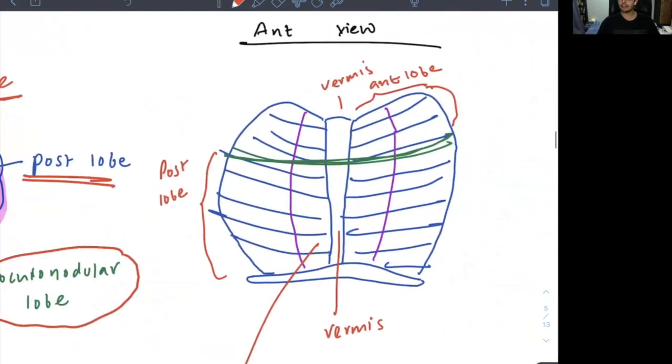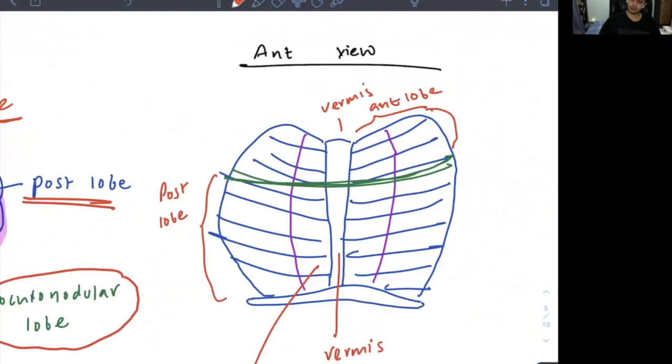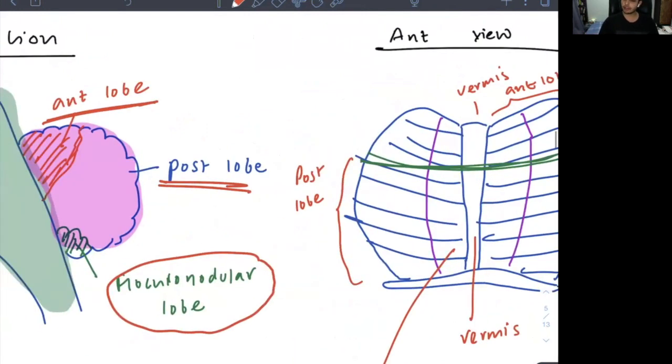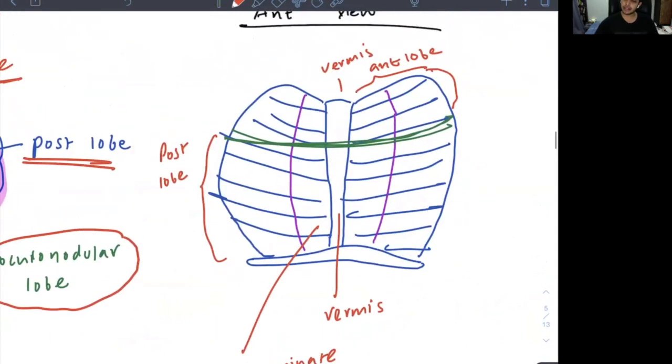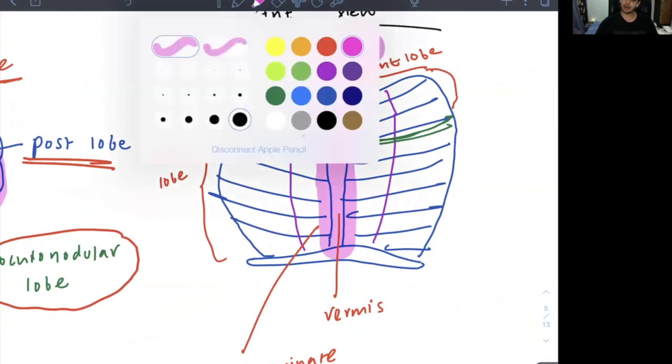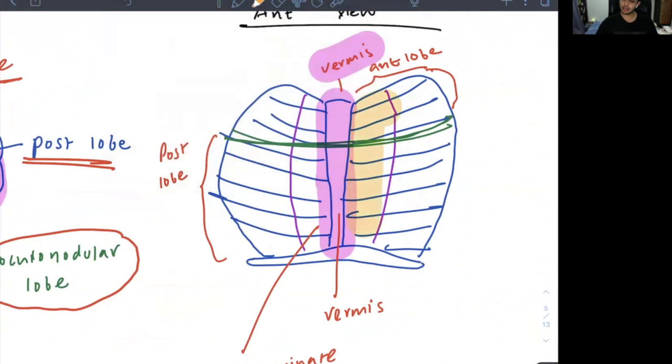And looking at it from the anterior view, so we are looking at it now from this aspect, you can see that in the center, there is something called the vermis. Okay, so this is vermis. And then on both sides, you have the hemispheres.